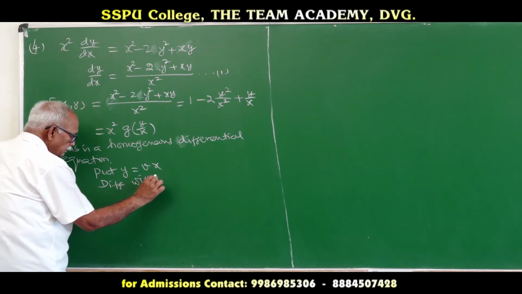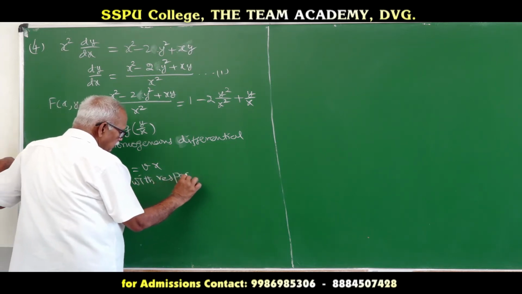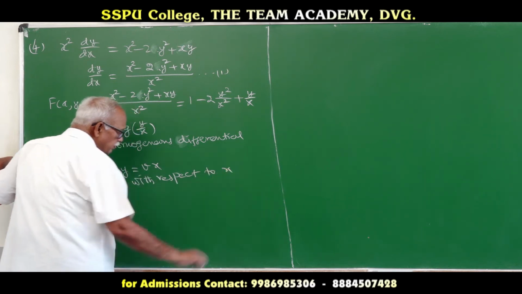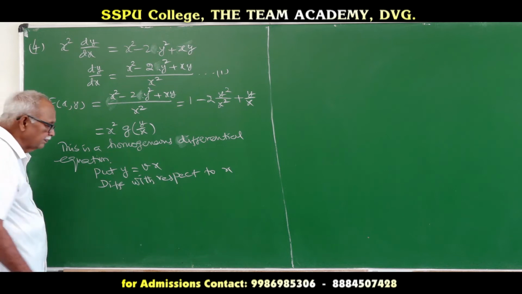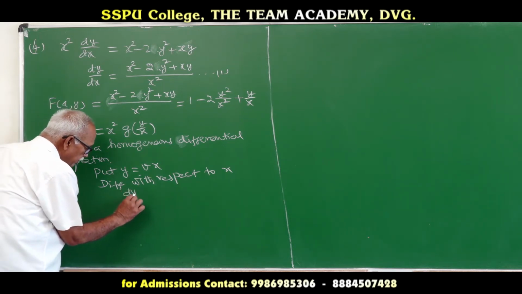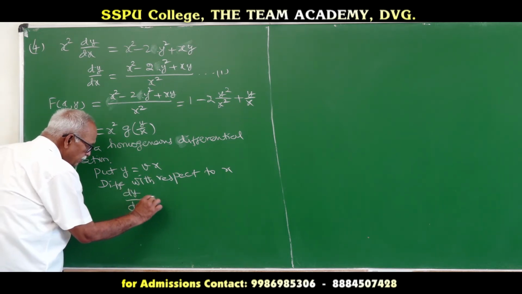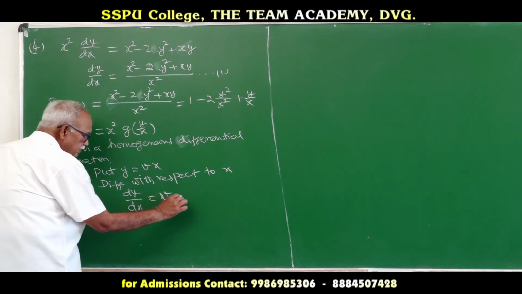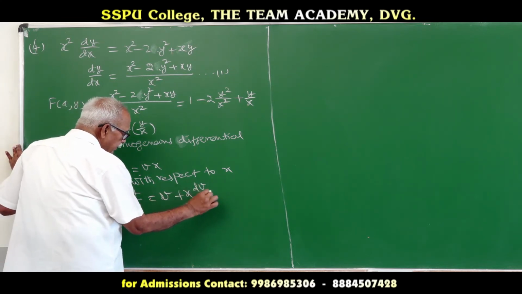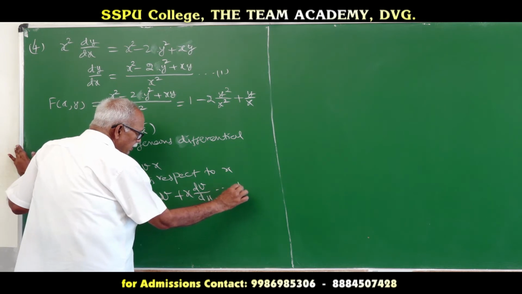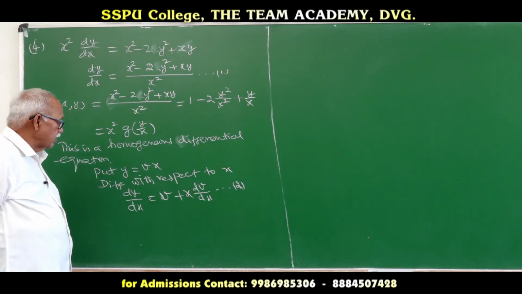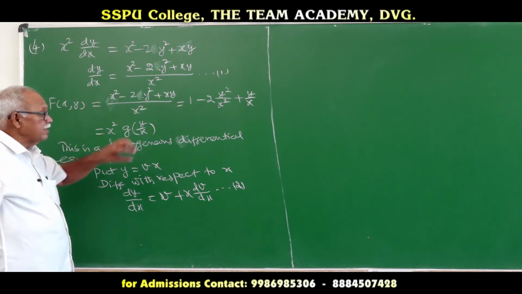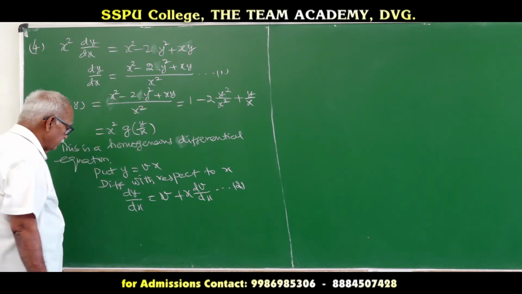Differentiating with respect to x, we get dy by dx is equal to v plus x into dv by dx. For all the problems it is the same.